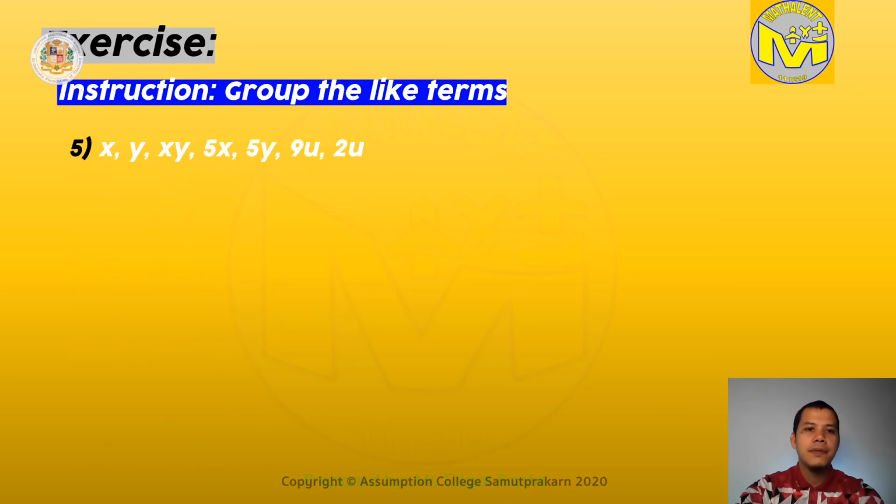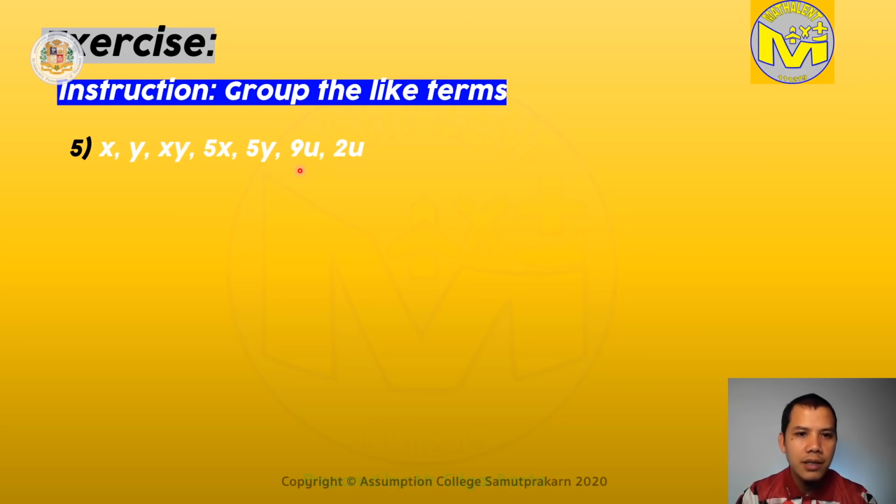Number 5. We have how many terms? 1, 2, 3, 4, 5, 6, 7. We have 7 terms. Let's group. Group the like terms. Now we have X, Y, XY, and U. What's first?